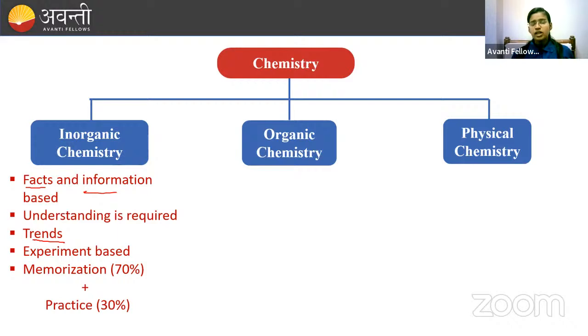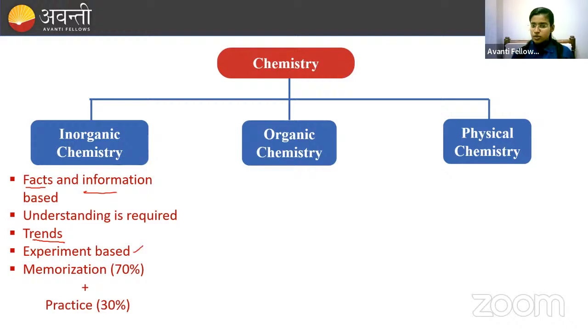If I take some property, there will be many trends associated with that property. So instead of memorizing all those things, which will lead you to confusion, you better understand the trends, understand the facts and information given in the particular lesson of inorganic chemistry, and go ahead.